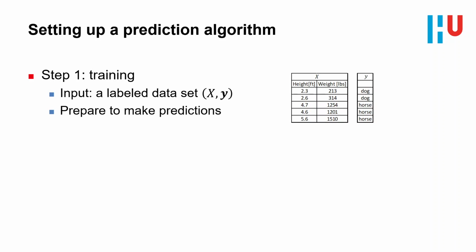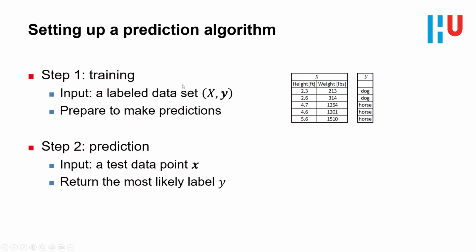Because we are doing supervised classification, we need some features, that's normally labeled X, and we need a label, and that's normally labeled Y. In the case of the dog and the horse, we've got the features height and weight, and apparently this row, with the height 2.3 and weight 213, is a dog, and this one is a horse. So this is the data with which we train the model.